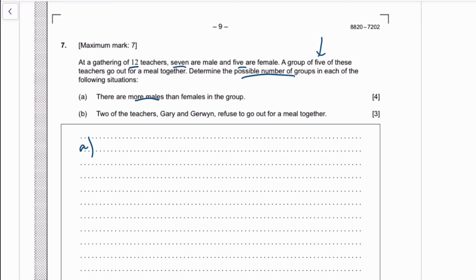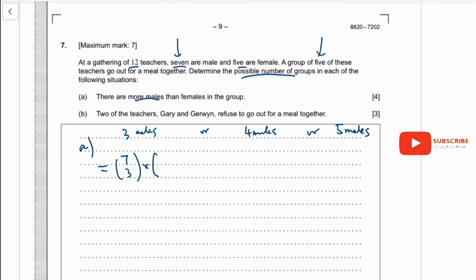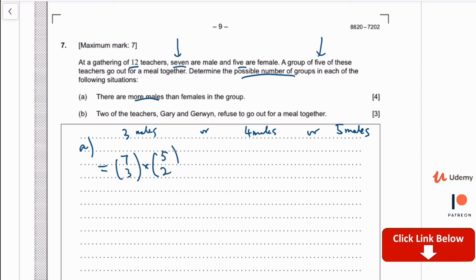So to have more males, that means of the 5 people, you could have 3 males or 4 males or 5 males. To have 3 males means of that 7 male, you choose 3 of them. And then you need to pick 2 females, so you do 5 choose 2.